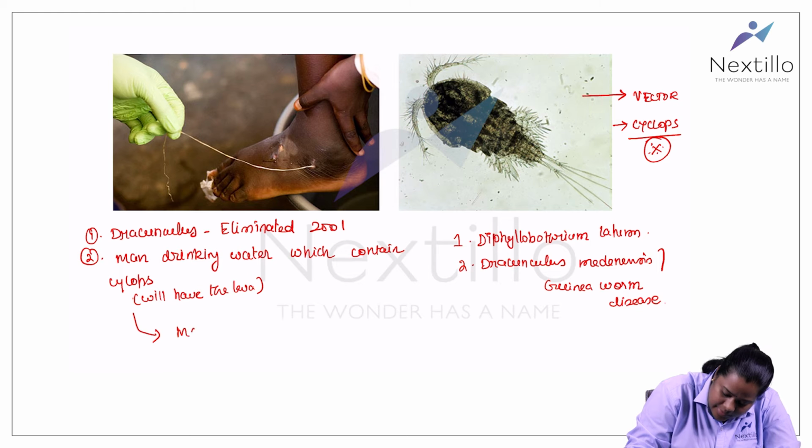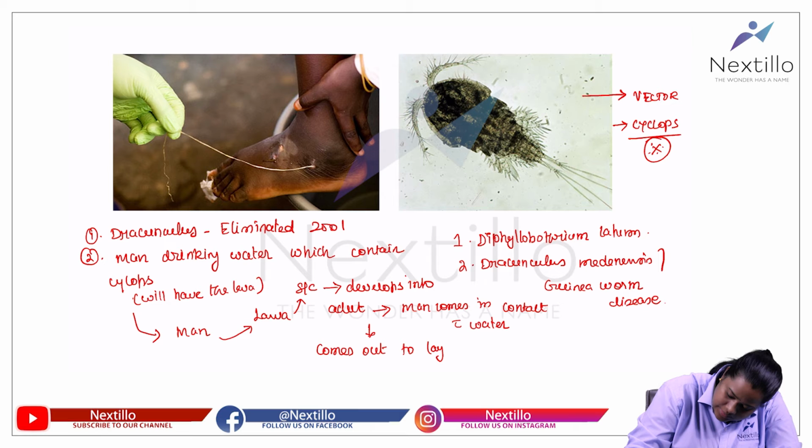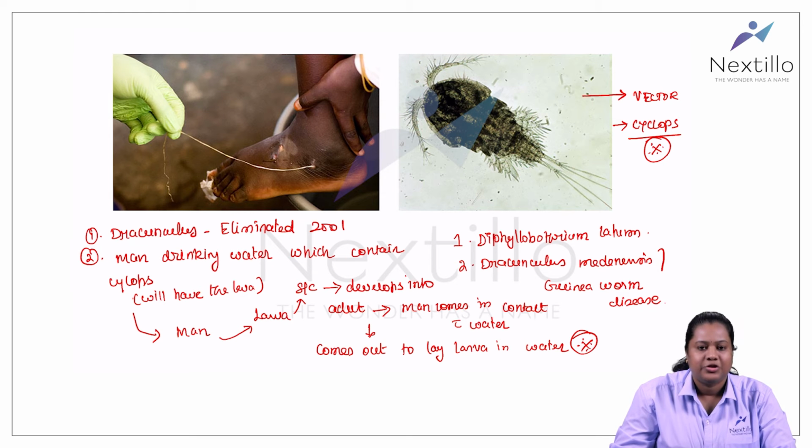When the Cyclops is taken by man, the larva goes to the different tissues, reaches the subcutaneous tissue and then develops into an adult. And when man comes in contact with water, the adult worm comes out to lay the larva in water. Interesting, no? It comes out to lay the eggs in the water.